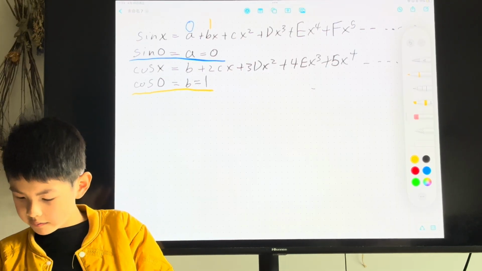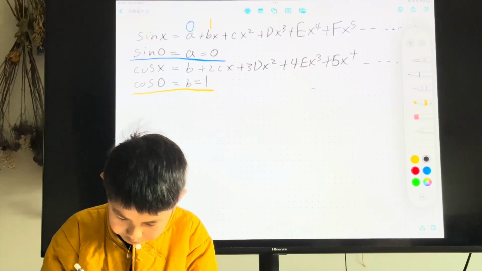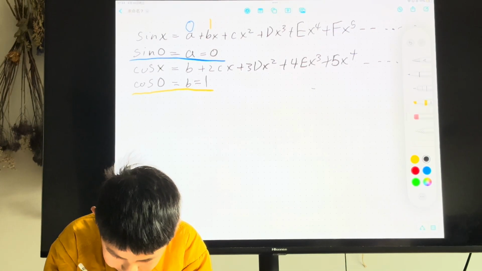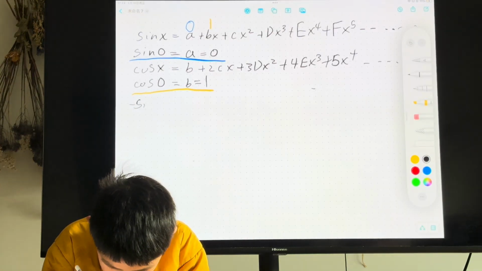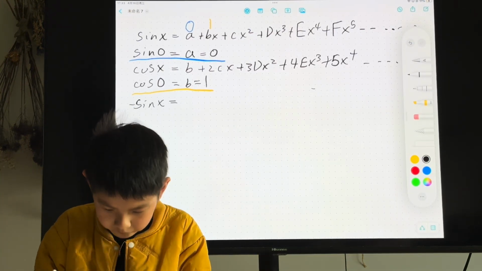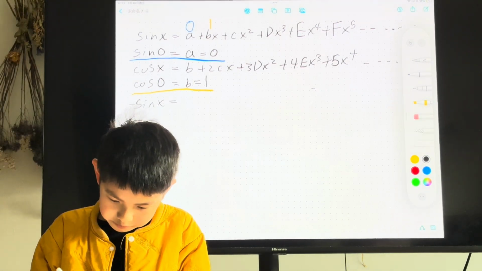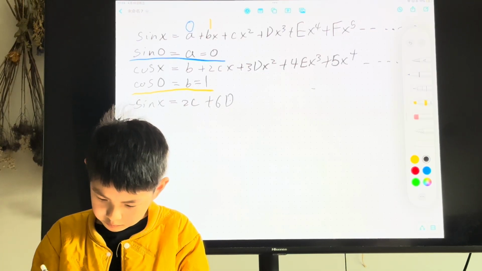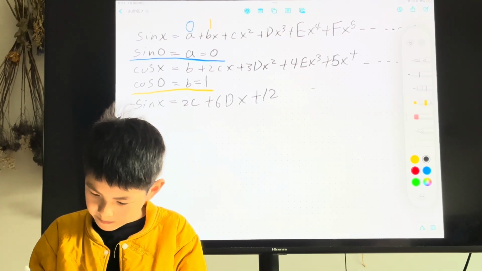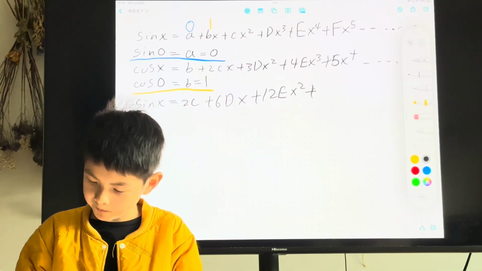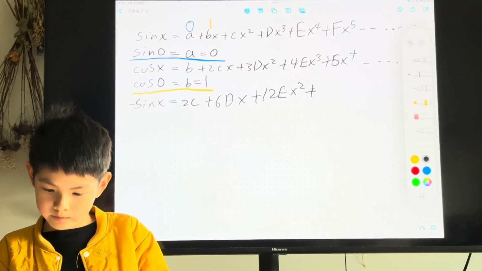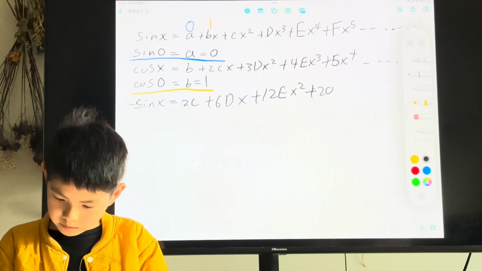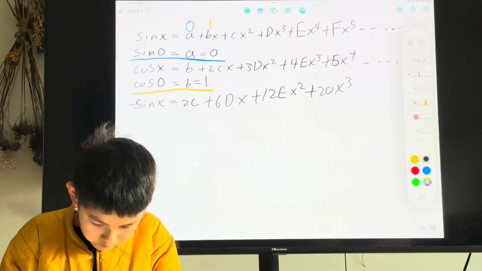And now we repeat this process again and again, which gives us all the coefficients.